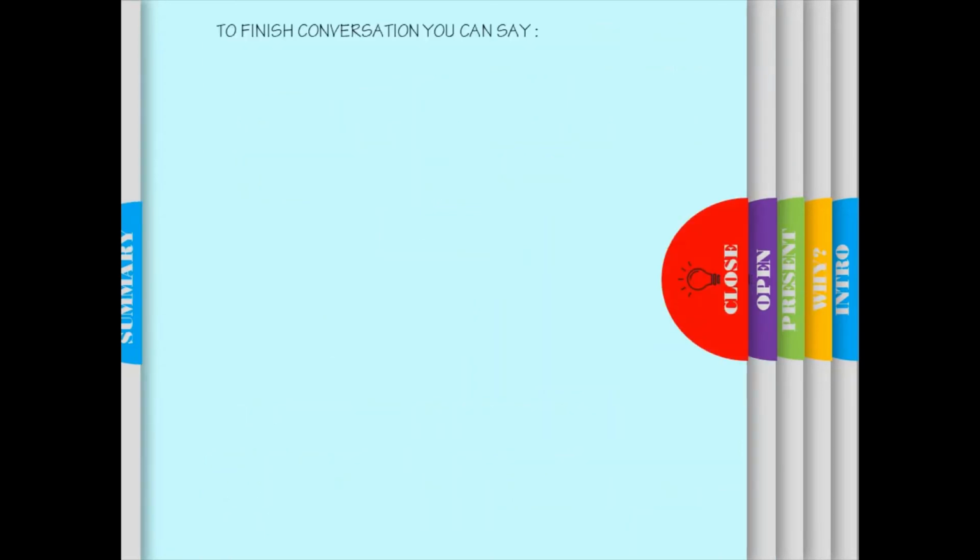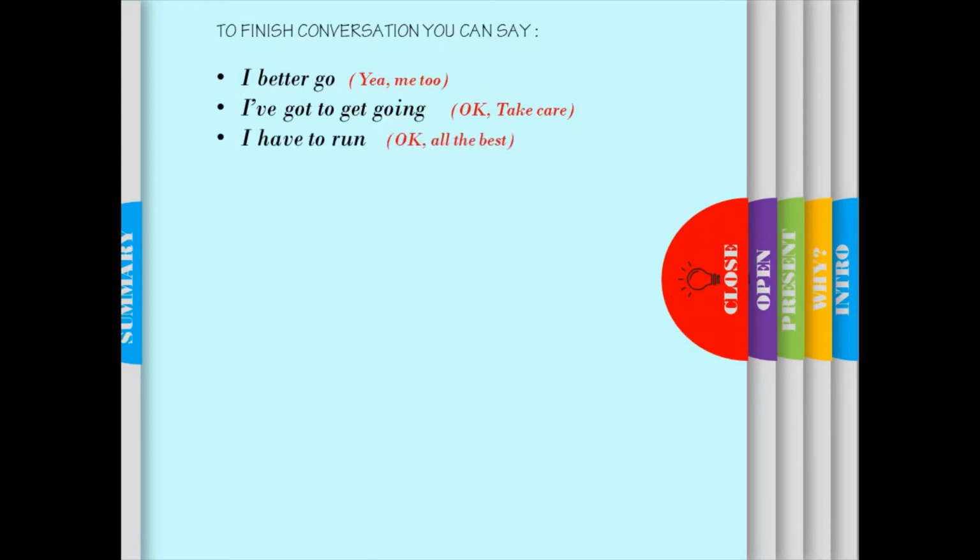So to finish your conversation, you can say, I better go. I've got to get going. Again, be careful. I've got to get going, not I have got to get going. No. I've got to get going, or I have to run.